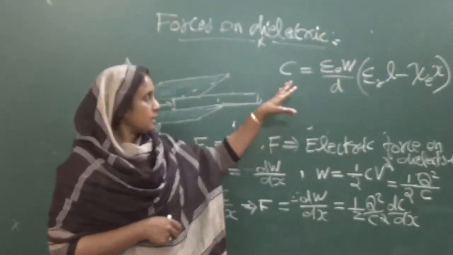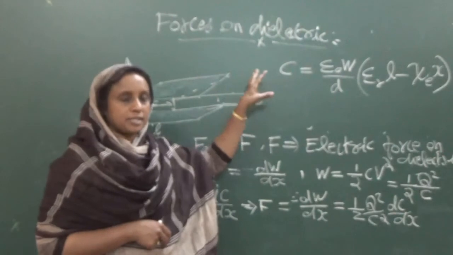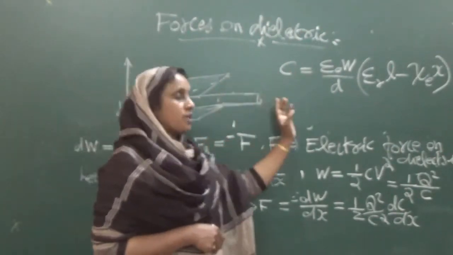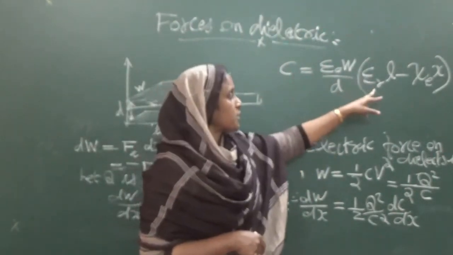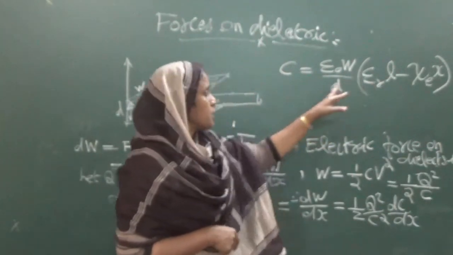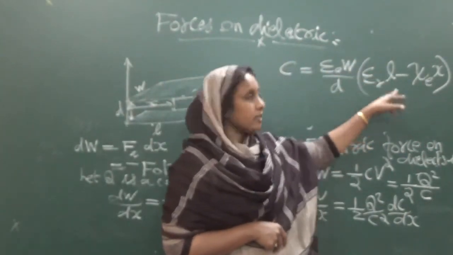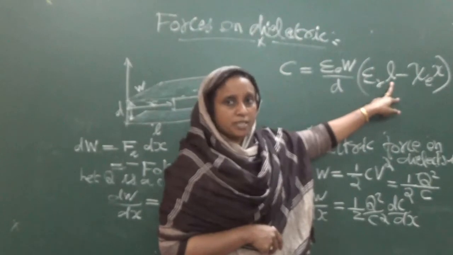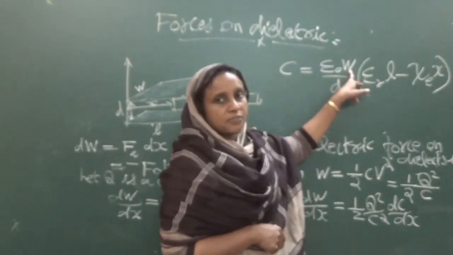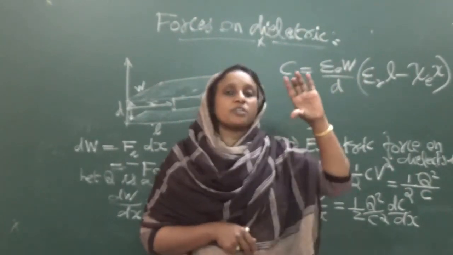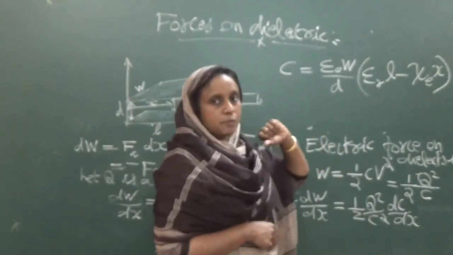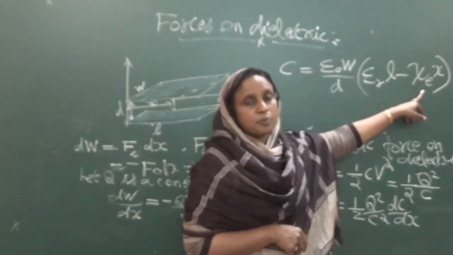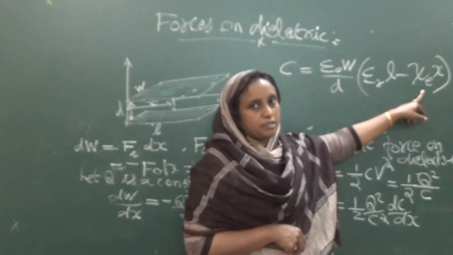We know that the capacitance of a capacitor with a partially filled dielectric of dielectric constant epsilon R is given by this expression. Here L is the length of the parallel plate capacitor, W is its width, D is the distance between the parallel plates, and chi E is the corresponding electric susceptibility.